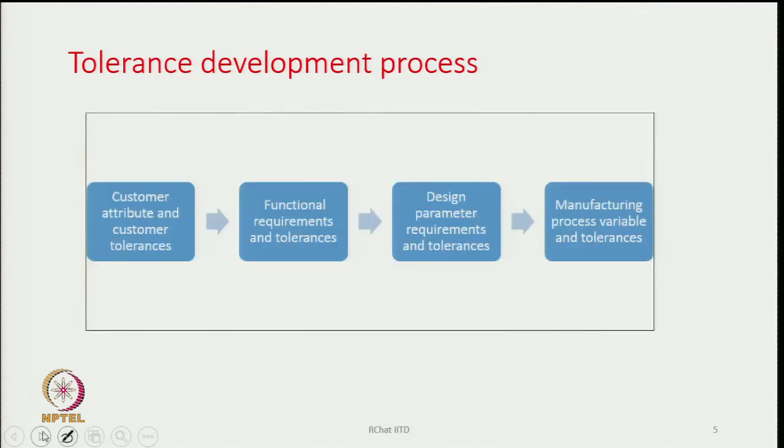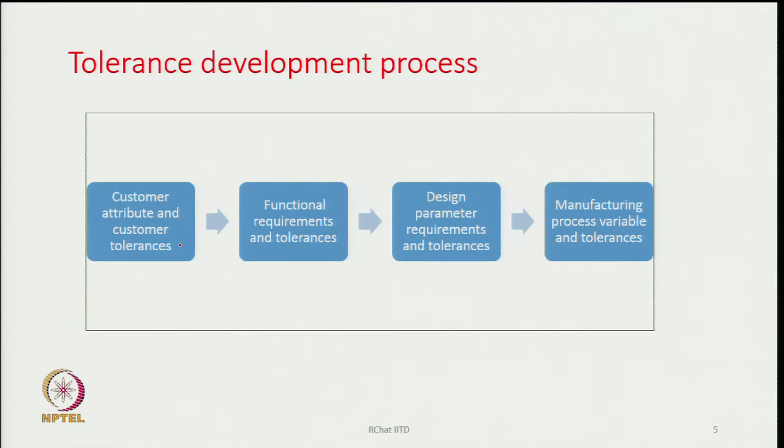Now, tolerance development process. Here is a diagram which is representing the development process. The first one is customer attribute and customer tolerances that we need to know: what the customer is looking for. A customer is not necessarily a person who has a technical background.